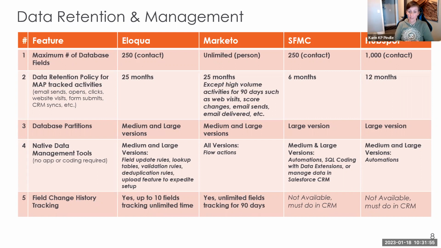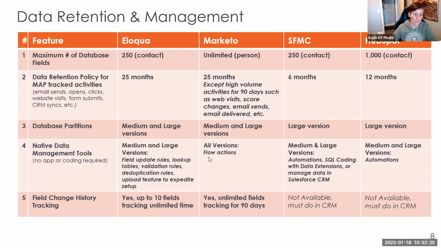So lots of data, lots of money to help the Eloqua product team 20 years ago figure out ways to automatically clean that data. That's how they built out all of those features. And the competitors here have just kept up in a limited fashion. Most people, if they really want to clean their data for Marketo or HubSpot, will use third-party apps to help do that. So it's an additional cost to consider, but it's a way to solve for it.